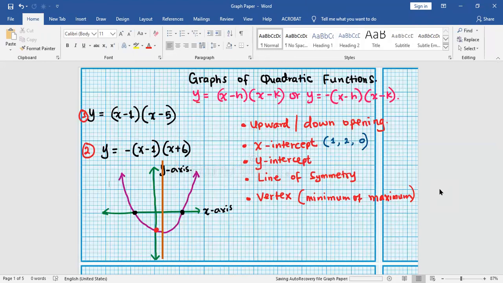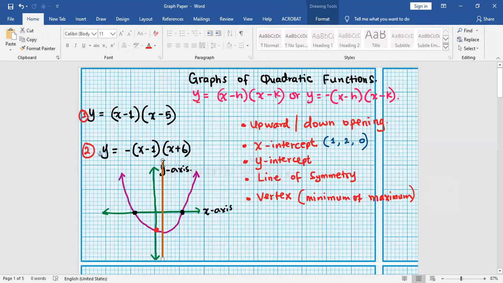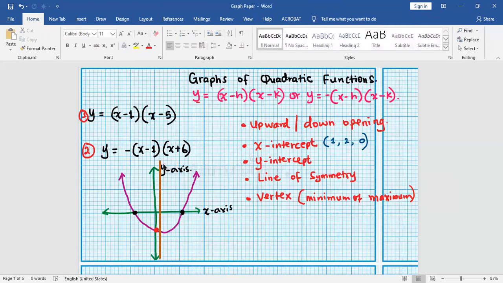This is the line that will divide the curve into 2 equal parts. Maybe somewhere like here. So this line, we call it the line of symmetry. In other words, once it divides this curve, this side is equal to this side. So this is what we call the line of symmetry.